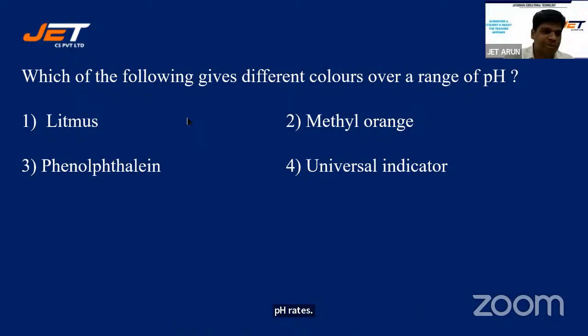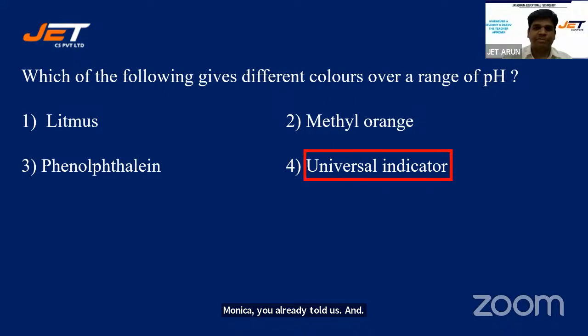Rika, Priya, Swapna, Gayatri, Shashank, Monica, I already told you, yes. It's the universal indicator, students, which gives you a range of colors over a range of pH. That's why it's called universal indicator.